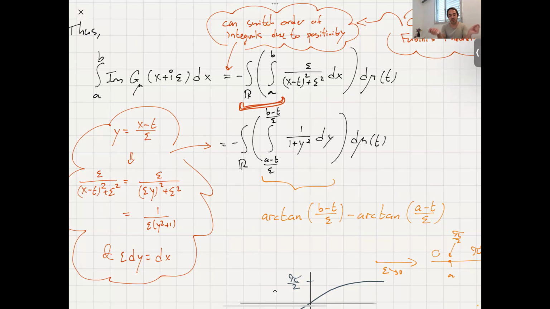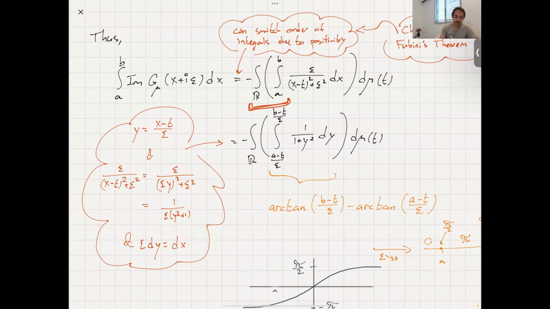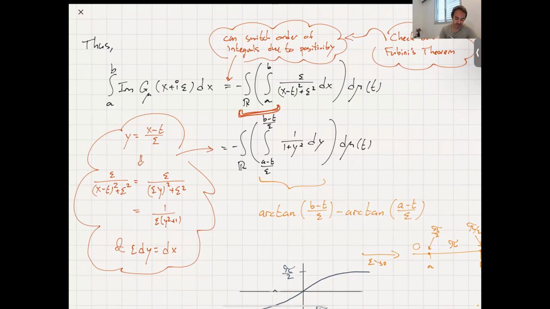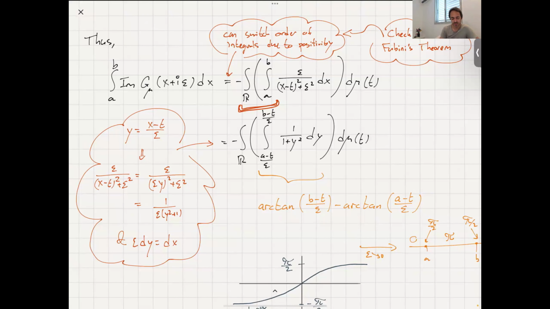I switched the order of integrals. It was the integral from a to b, and then the minus, which I'm putting outside, and then the integral over the whole real line of the integrand that we have here, and I switched the order of integrals. And whenever you do that, you should be careful: how can I justify that?